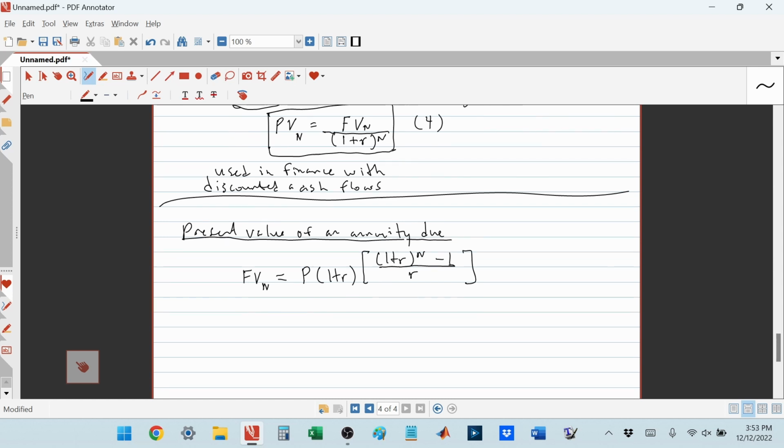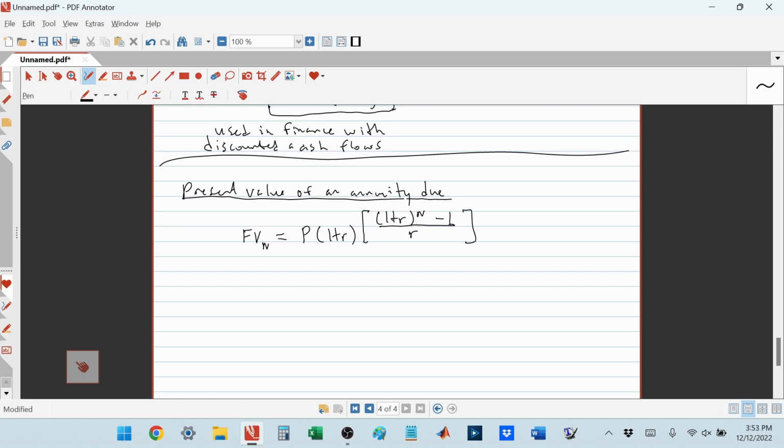The present value of an annuity due is the idea, what amount could I invest right now once? Call that PVN. And if I invest that right now once and let it grow for n periods, it would be equal to this.